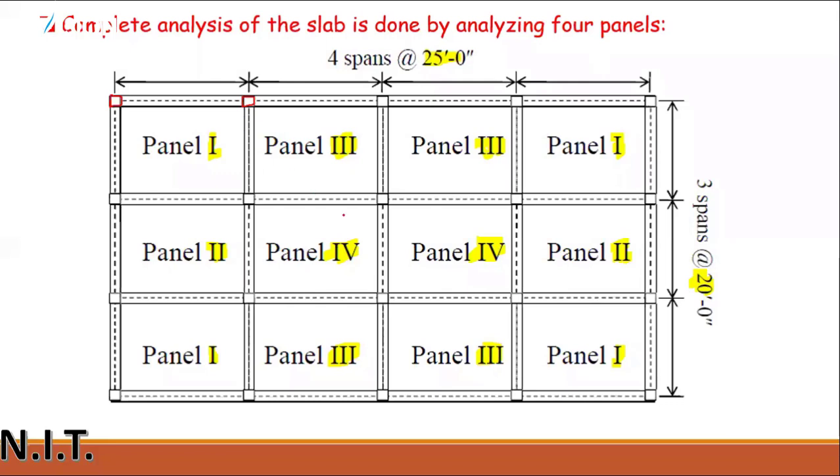And when we are trying to use the center line method, that method shows that from this center line to this center line, this dimension is 23.83 feet, and from this center line to this center line, this dimension is 18.83 feet. Why is it 23.83 and why is it 18.83?